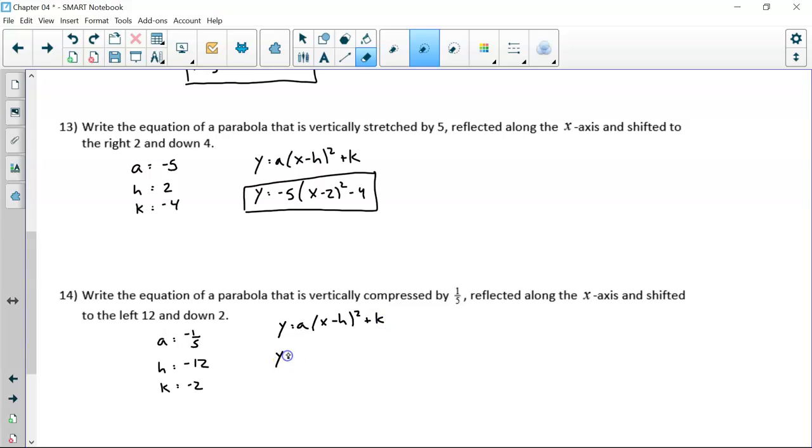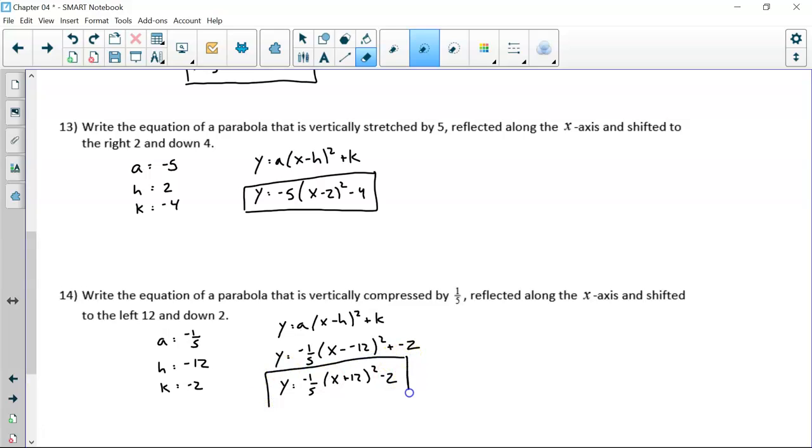So y equals a negative 1/5 x minus negative 12 squared plus negative 2. So we clean that up. Y equals negative 1/5 x plus 12 squared minus 2.